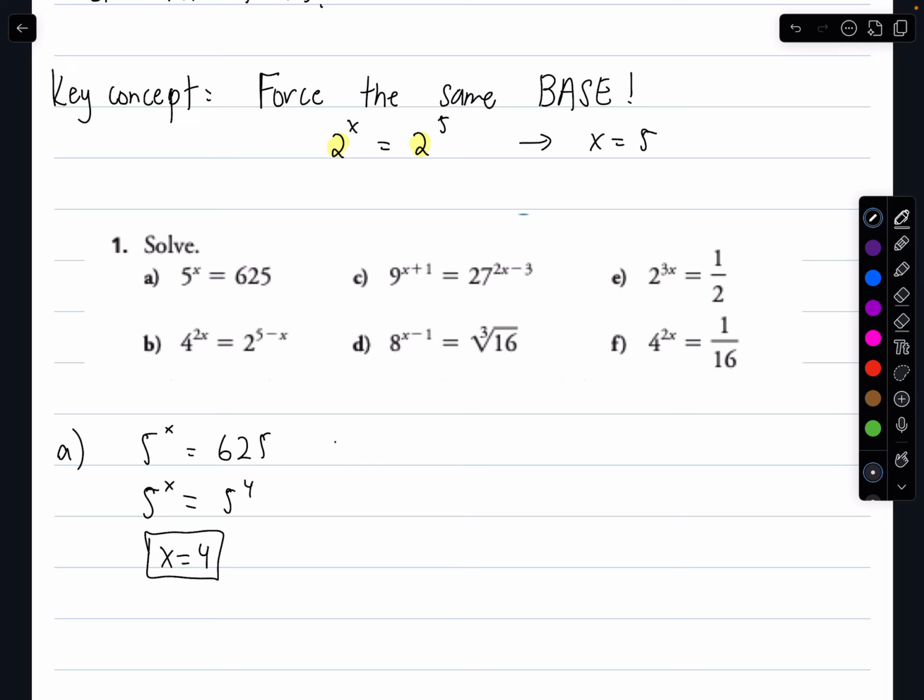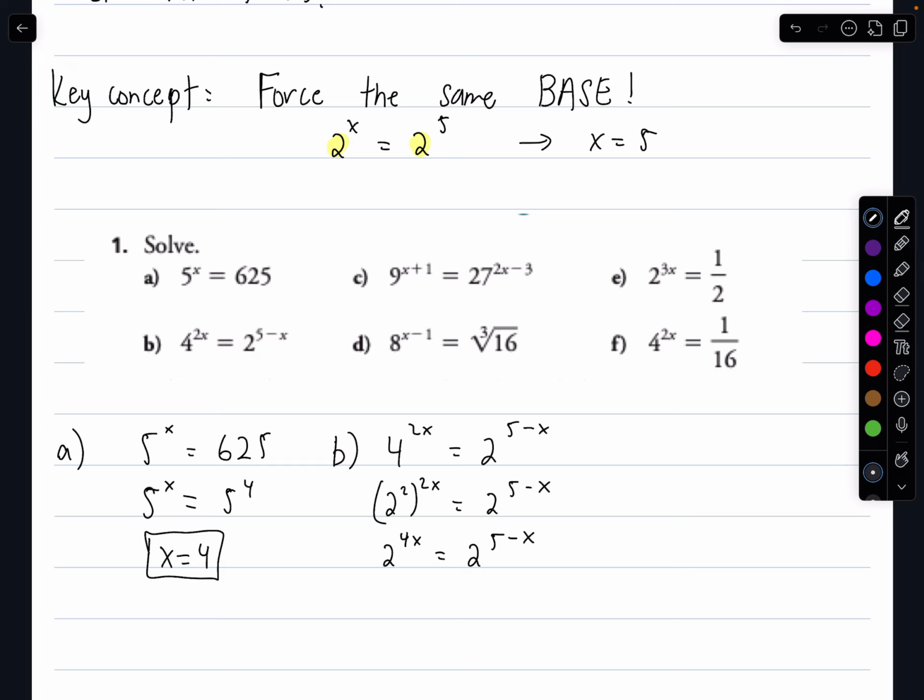Let's go to B. It's a little bit trickier. We have 4 to the 2x is equal to 2 to the 5 minus x. I want to make the same base 2. So I'm going to take this 4 and I'm going to make it 2 squared. And then I'm going to expand out the exponent, so I have 2 to the 4x is equal to 2 to the 5 minus x.